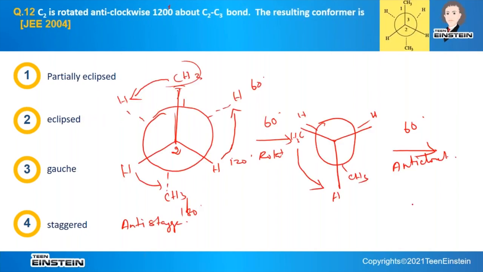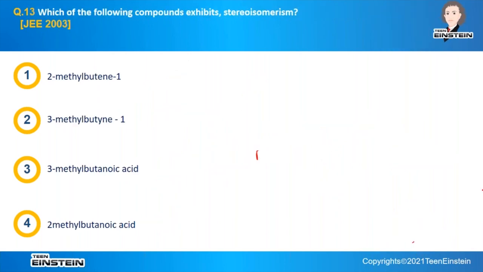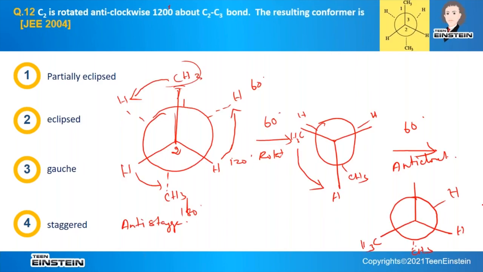So we can get like this. So here CH3 is there. So the methyl group in the second carbon comes down. So here one hydrogen, here one hydrogen, here one hydrogen and here one hydrogen.